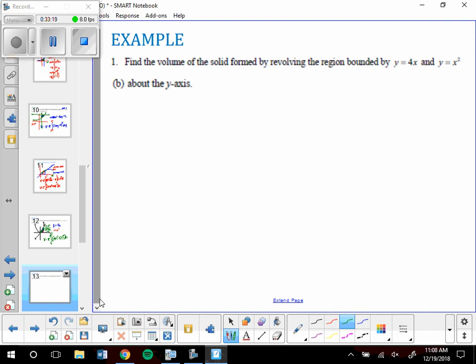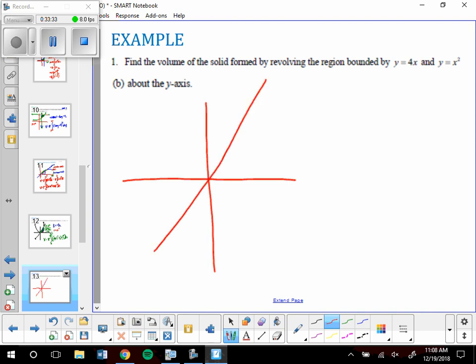Let's do the same exact region, but about the y-axis. Again, I'm going to do line, parabola. Here's my area, but now I'm rotating about the y-axis.